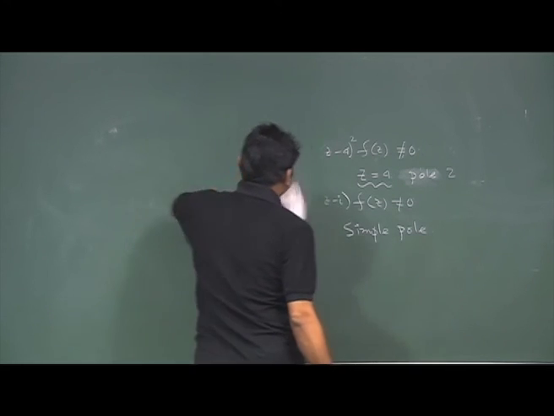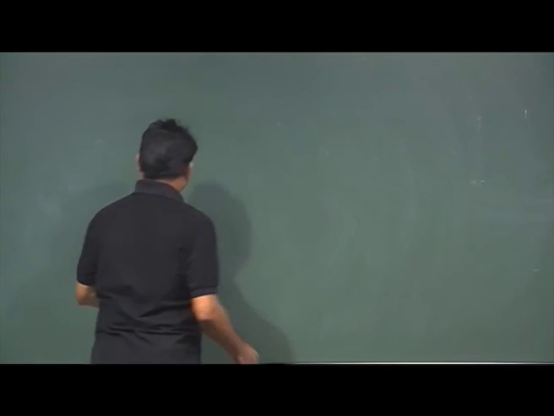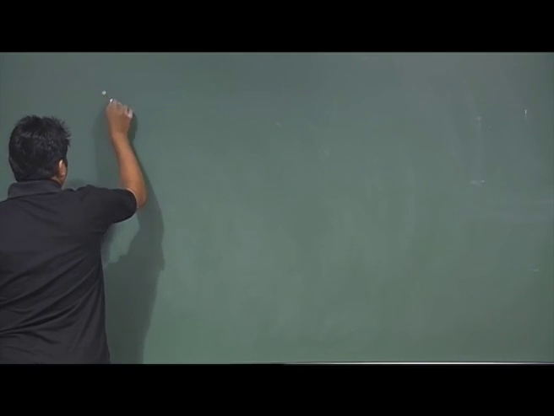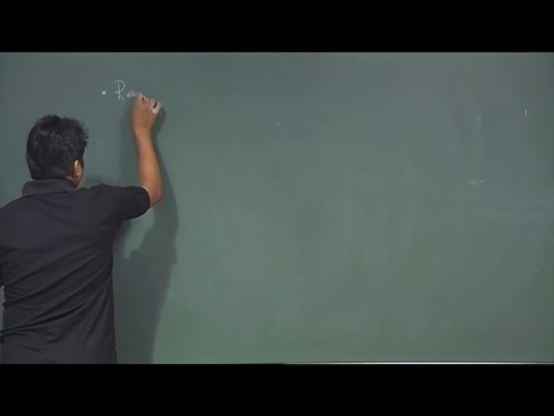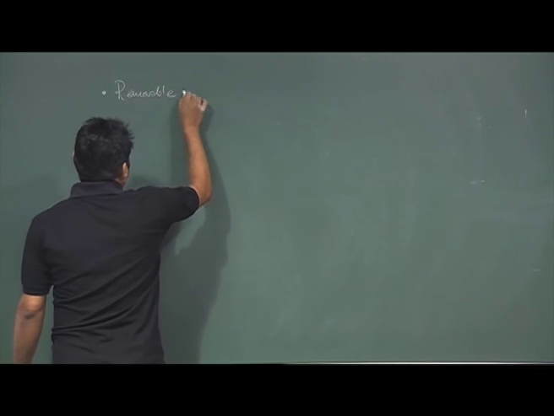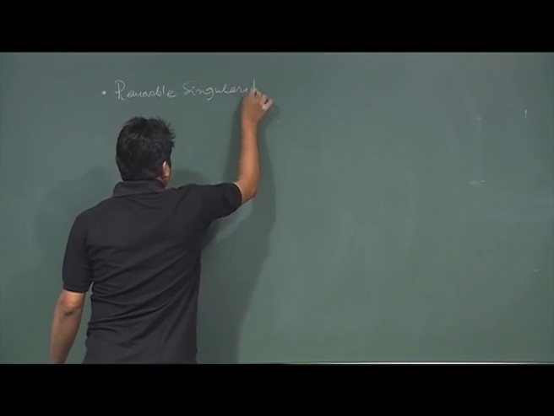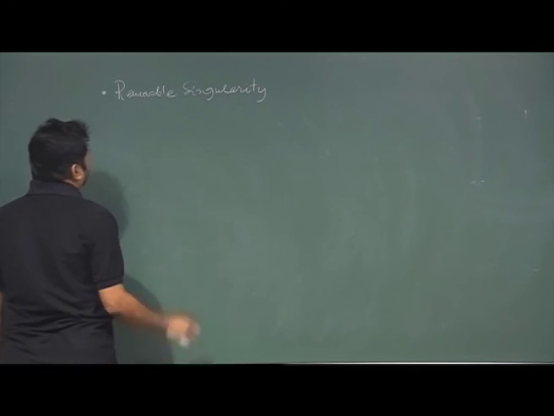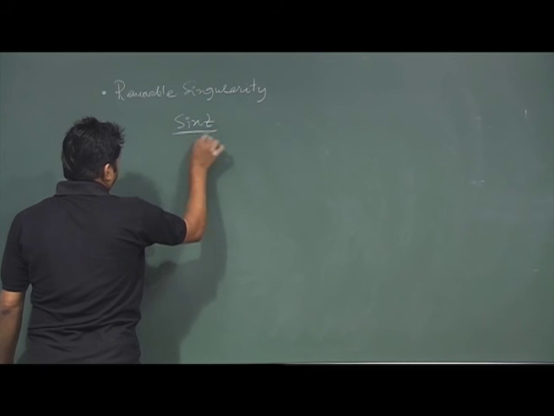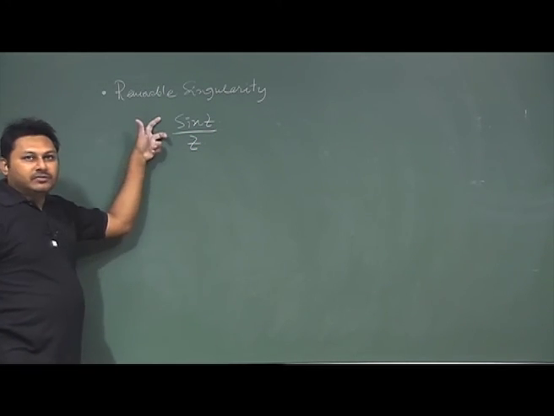After that, quickly we will write 2 singularities. One is called removable singularity, which is like sin z divided by z. What is the meaning of removable singularity?